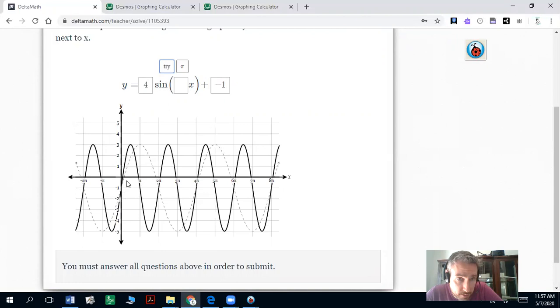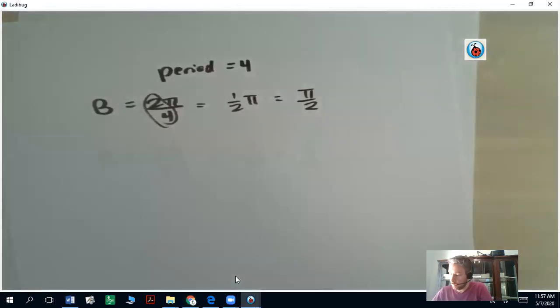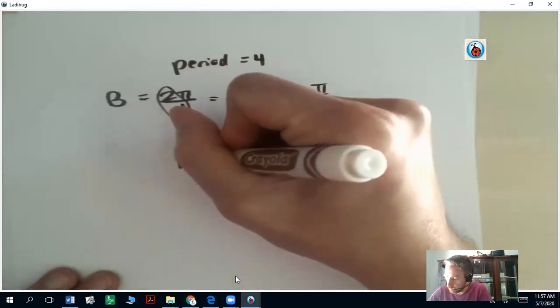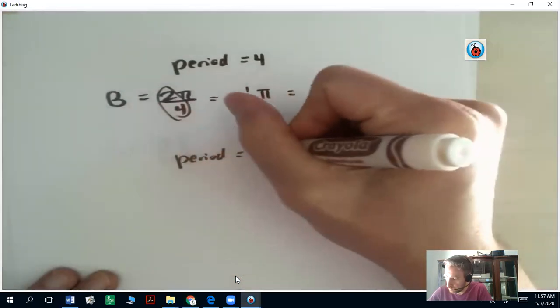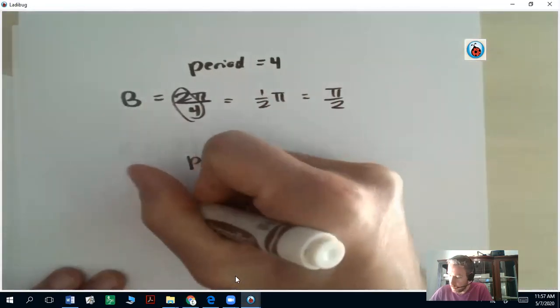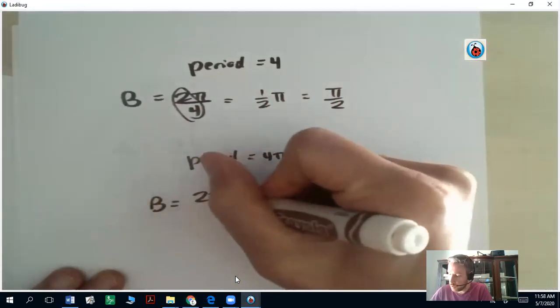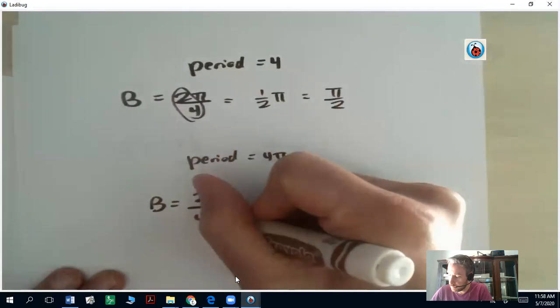So let's look at the dashed line starting at -1, going up, down, down, and up. It looks like here is where it repeats its cycle at 4 pi. So the period is 4 pi. B is always 2 pi over whatever that period is.